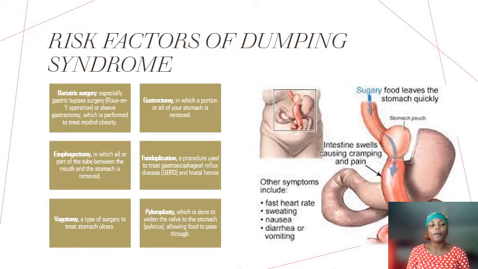We have fundoplication, which is a procedure used to treat gastroesophageal reflux disease or hiatal hernia. We have pyloroplasty, which is done to widen the valve of the stomach, the pylorus, allowing food to pass through. And at the end, we have vagotomy, a type of surgery to treat stomach ulcers.